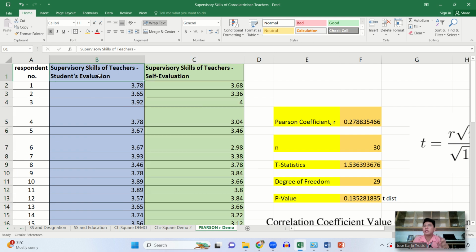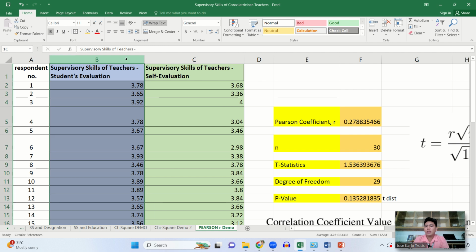In this example, I am correlating the supervisory skills of teachers in the students' perception. So students were able to rate their teachers' supervisory skills, how they manage the class, while the second variable is self-evaluation. That means teachers rate themselves as to how they were able to be good in leadership or supervisory skills.